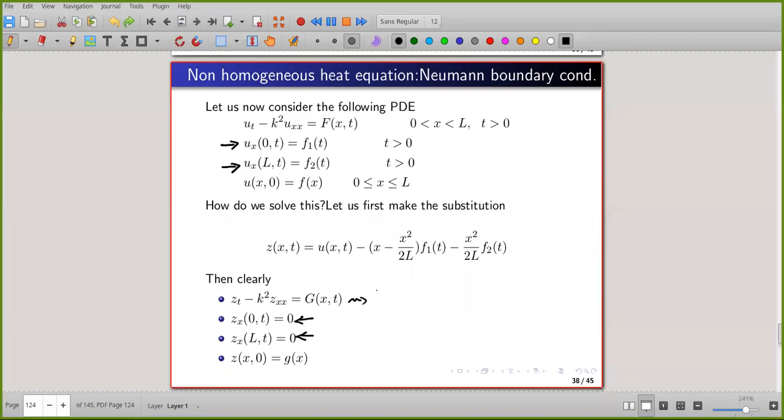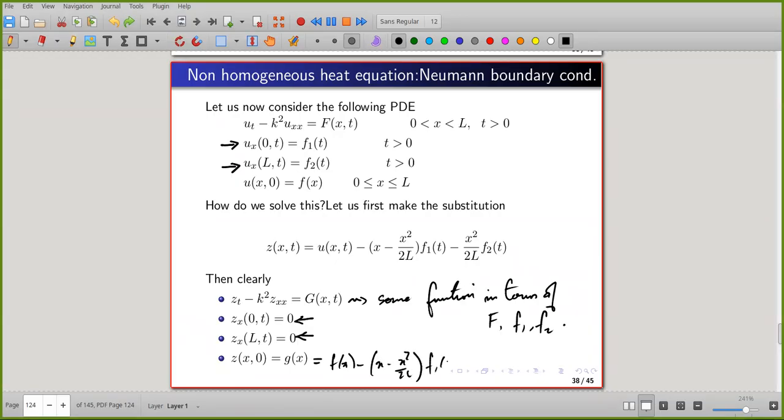And this g is going to be some function in terms of f, f1 and f2. And what is g(x) going to be? g(x) is going to be f of x minus, yeah, exactly, 2l into f1(0) minus x square by 2l into f2(0).